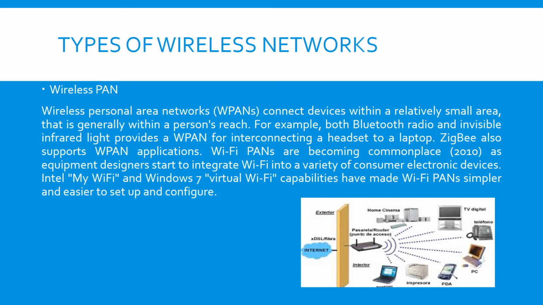Hotspot is a feature through which we can connect our mobile or give access to our mobile's network to other devices which are very close to this mobile network. Apart from this, we have Bluetooth also, where we can connect to devices with the help of Bluetooth capability. All this type of network is considered as wireless PAN, that is wireless personal area network.